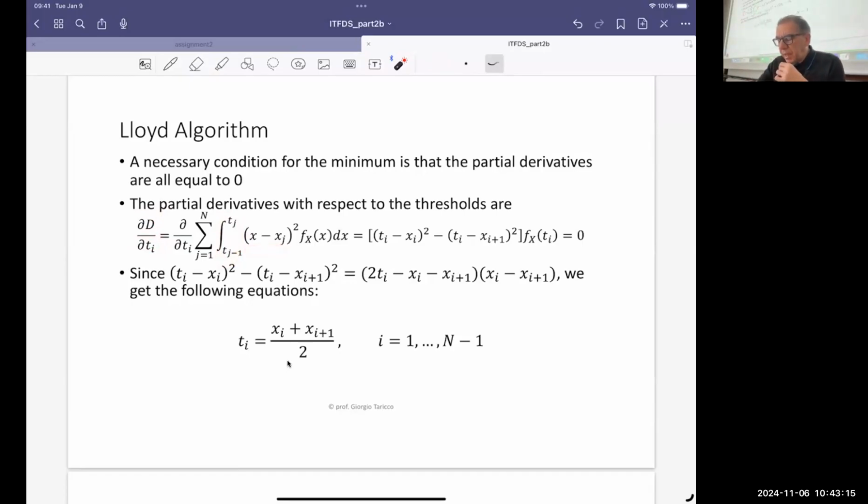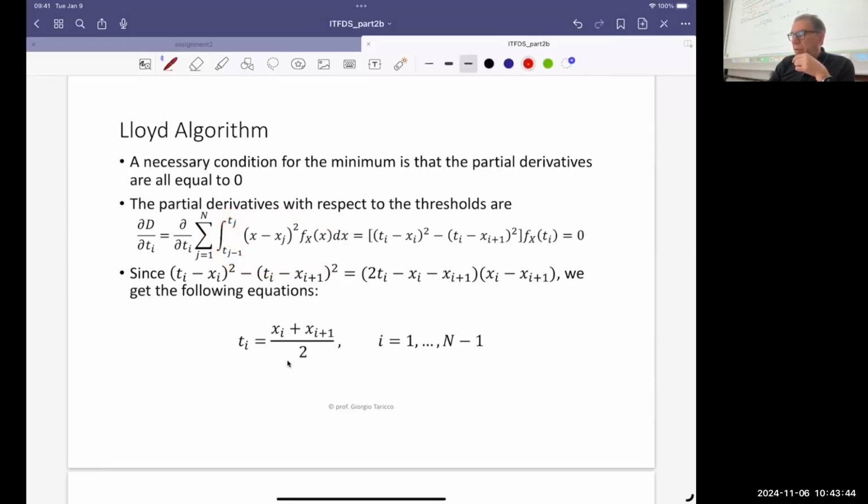Now, since we are looking for the partial derivative with respect to ti, we need to look when ti is present in one of these integrals. Notice that ti can only be present in correspondence of a lower limit or an upper limit.